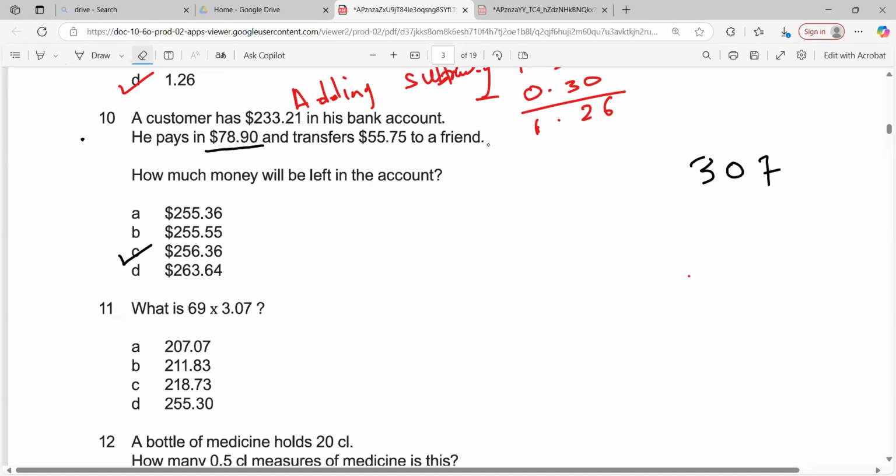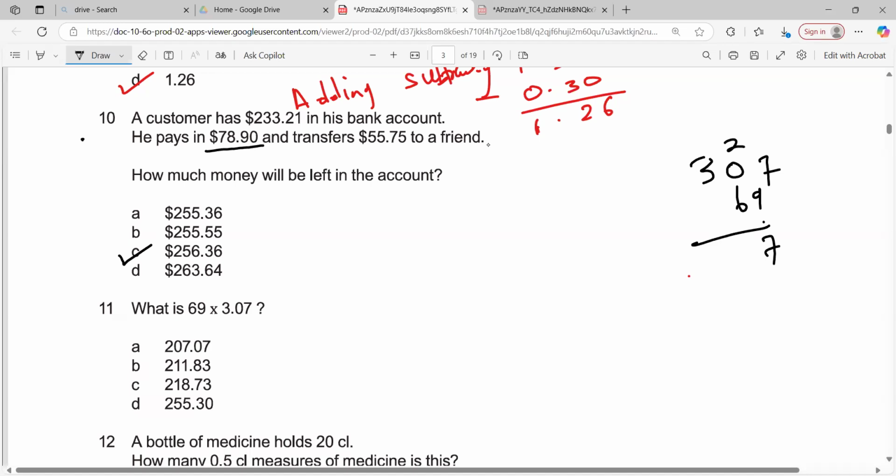Then after you put the point down, sir, then the decimal point. Then after you go over to the 3 times 9, sir, and 3 times 9 is 27. You put the 7 down, then carry over the 2.